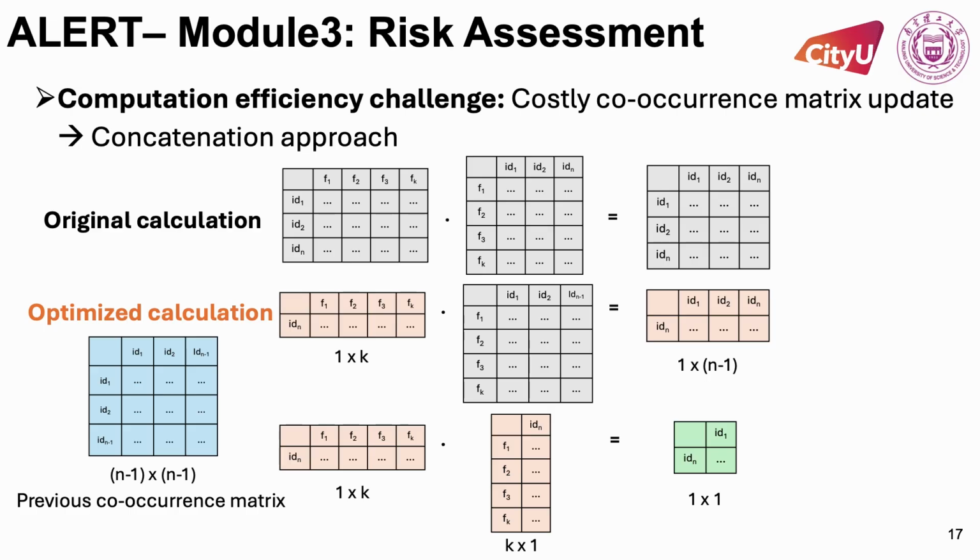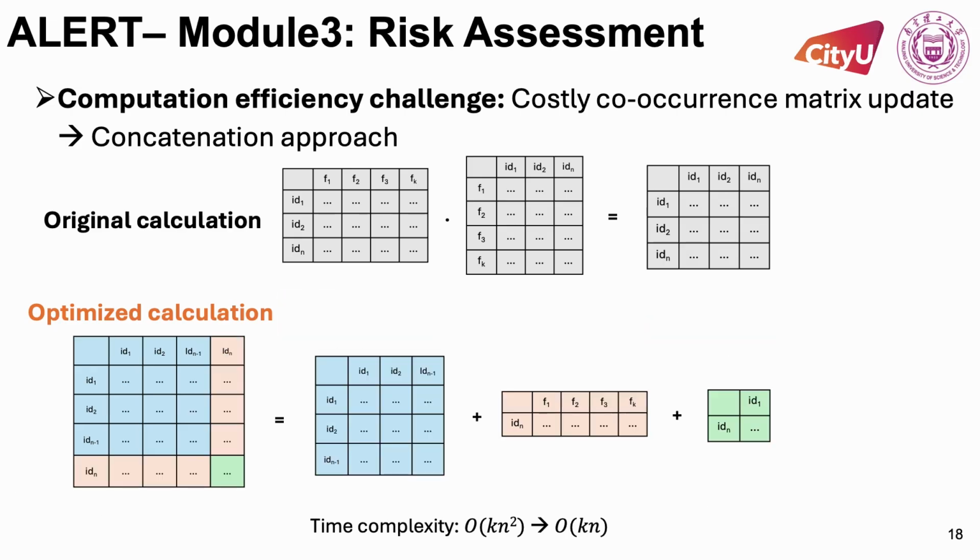Instead, with our optimization, we only need a much lighter vector-matrix multiplication and a simple vector multiplication. After calculation, we take the previous co-occurrence matrix that we already had and combine it with the newly computed vectors to form the updated co-occurrence matrix. As a result, the time complexity is reduced from O(KN squared) to O(KN).